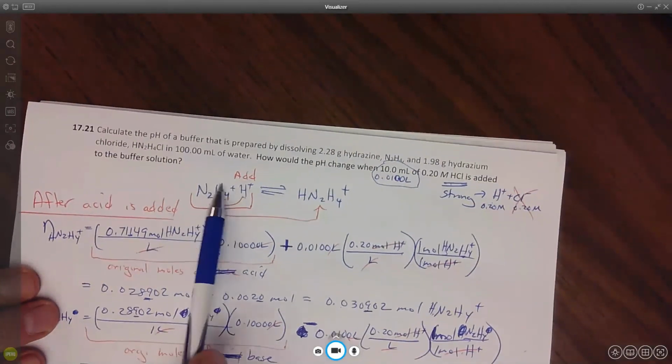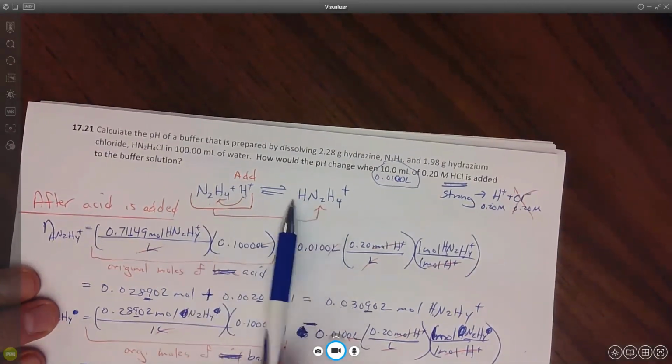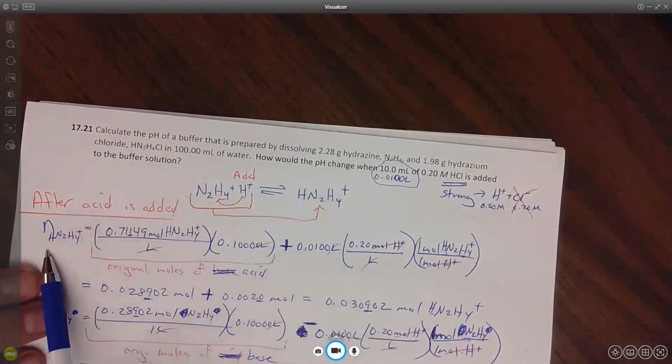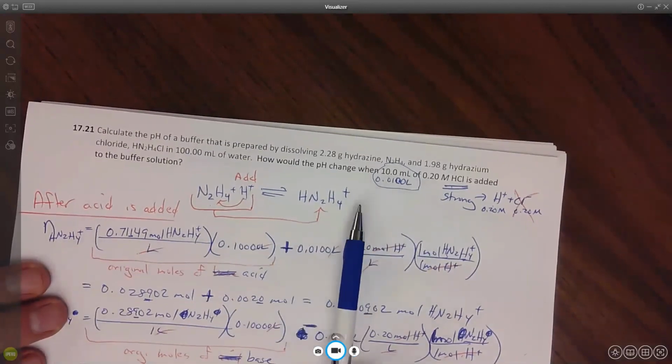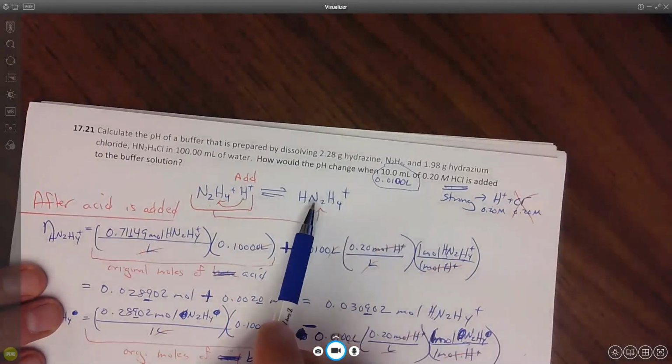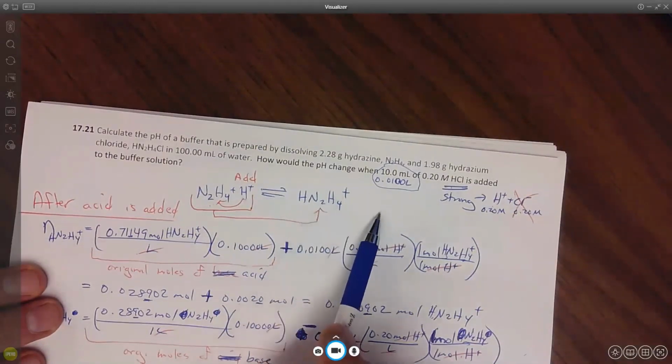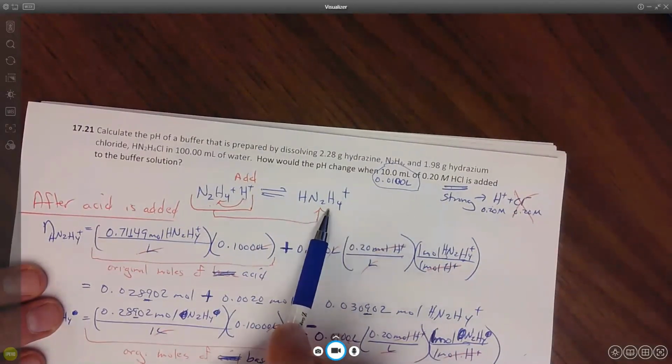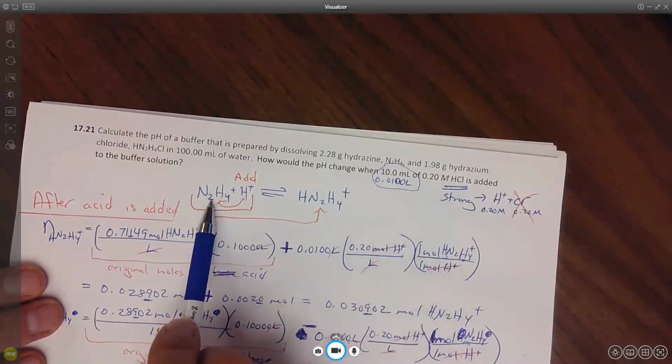You're going to lose that amount of base, but gain that same amount of acid. Vice versa, if we added a strong base, let's say sodium hydroxide, to this buffer, the hydroxide would react with the acid and we would lose that amount of acid, the same amount as the hydroxide that we added, but we would gain that much base.